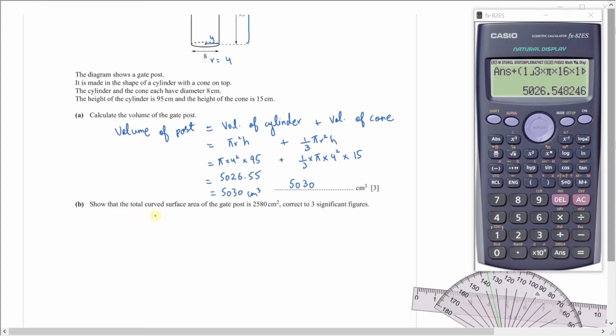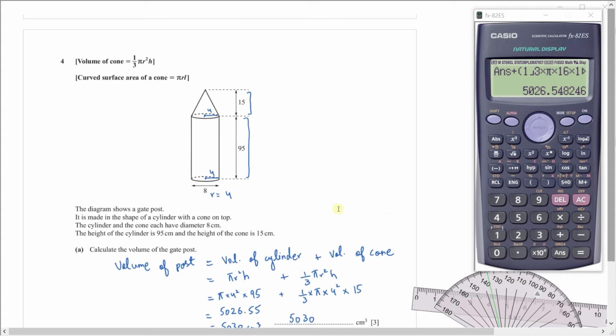The next part is: show that the total curved surface area of the gate post is 2580 centimeter square, correct to 3 significant figures. So your curved surface area will be the curved surface area of this cylinder plus the curved surface area of this cone.